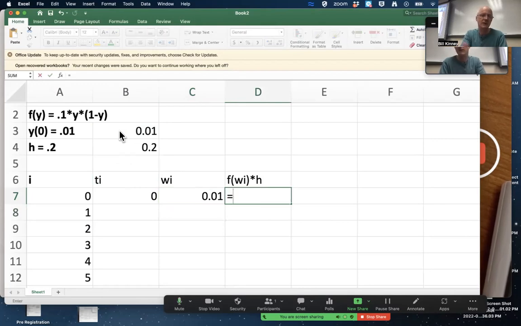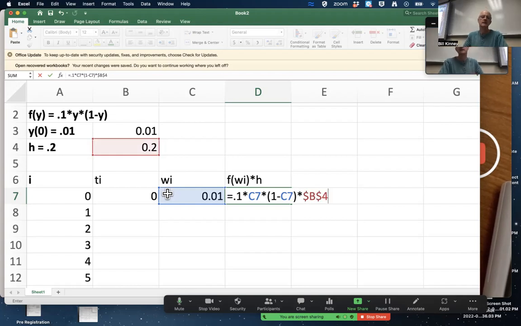To program this to allow yourself to change the h and the initial condition, it's good to use the cell references. I will have to type the function in here effectively, like this. h is in B4, use $ signs to copy and paste correctly.